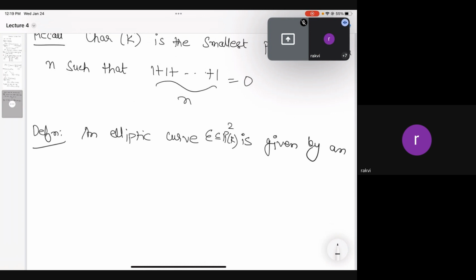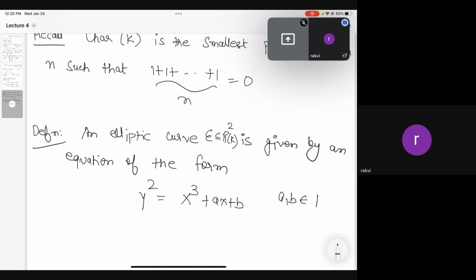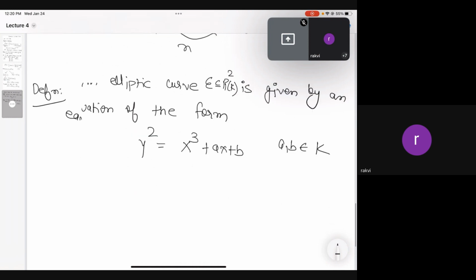So an elliptic curve is given by an equation of the form y square equals x cube plus ax plus b. And these coefficients come from my field, right?